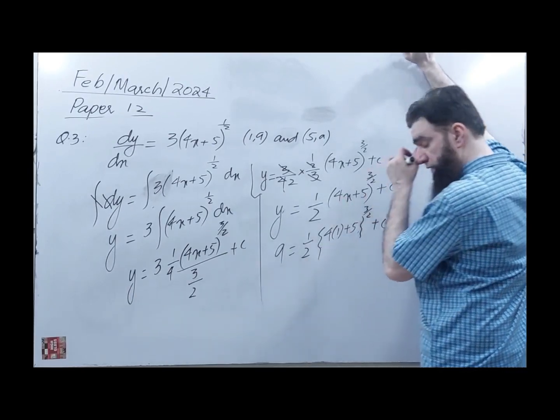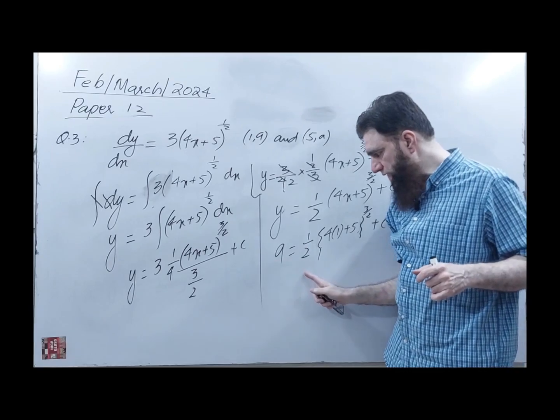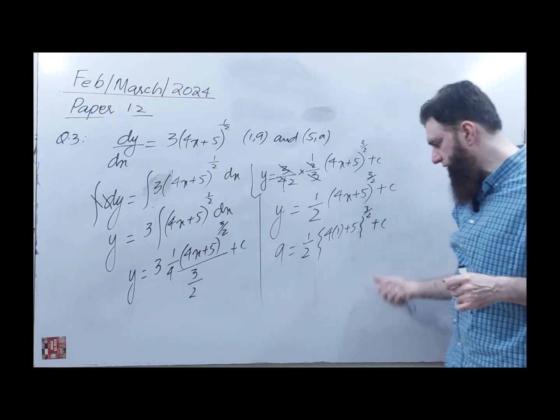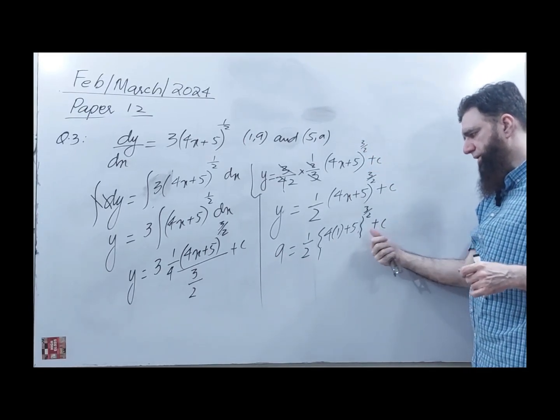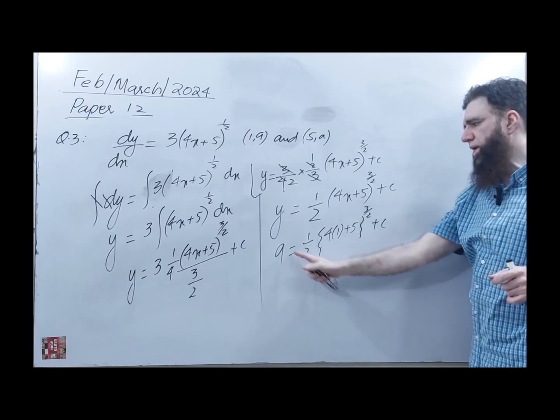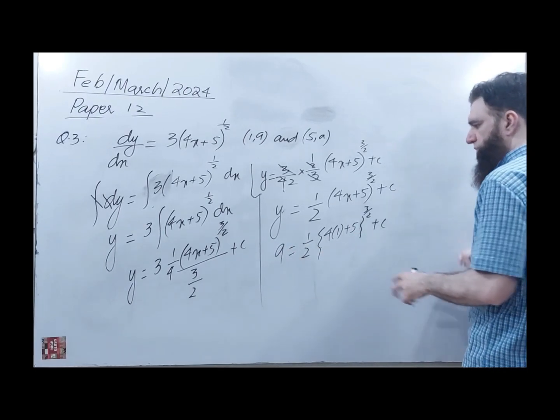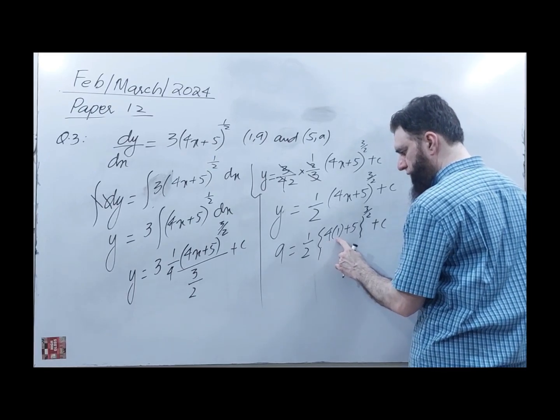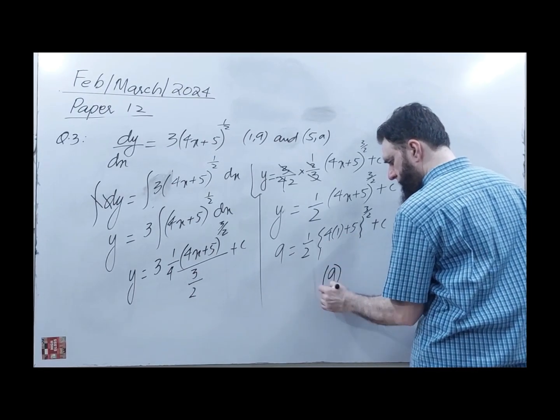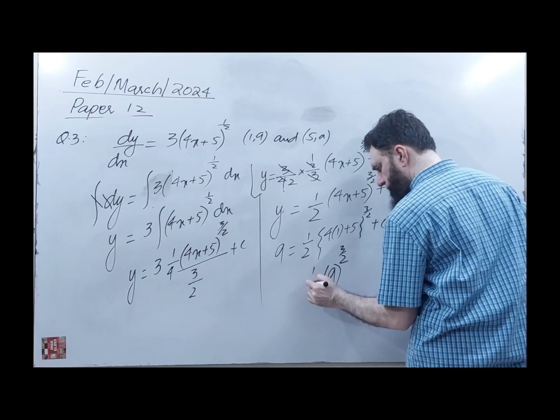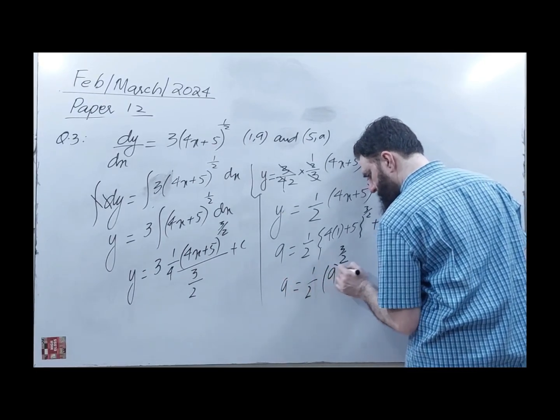Some of the kids, some very good kids, take this 2 on this side and multiply 2 by 18, but you see the c is being added. c is added here, so you can't take 2 over there directly. So first simplify this. 4 ones are 4 plus 5 is 9, power 3 by 2, 1 upon 2 is equal to 9 plus c.